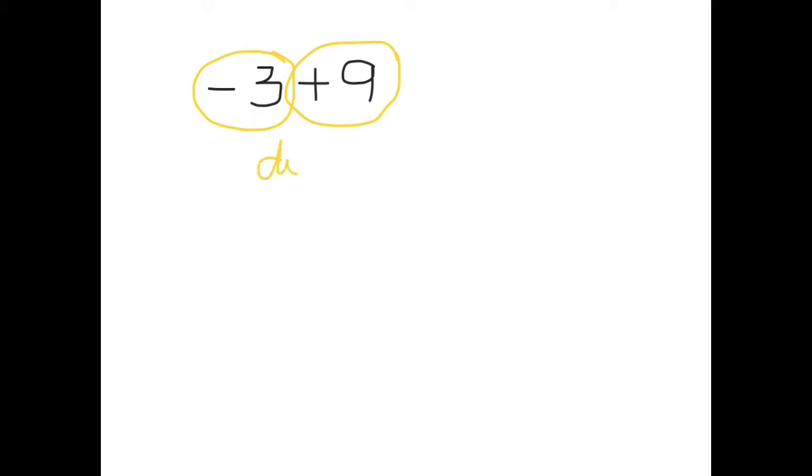So how about -3 plus 9? Again, I have a -3 and a +9. Are the signs the same or are they different? Well, the signs are different. And I know that if the signs are different, that means I'm going to subtract.